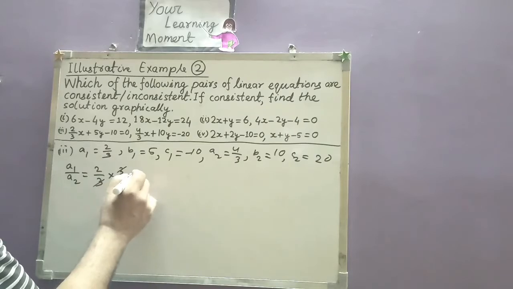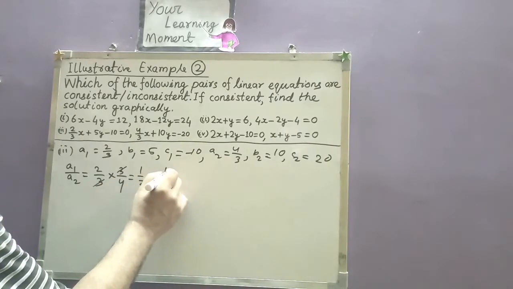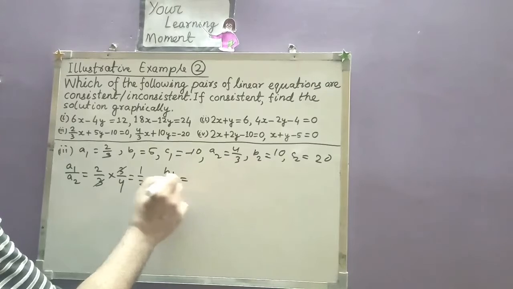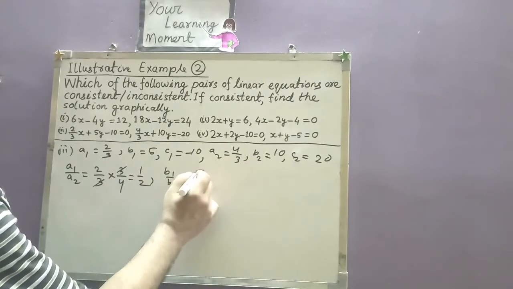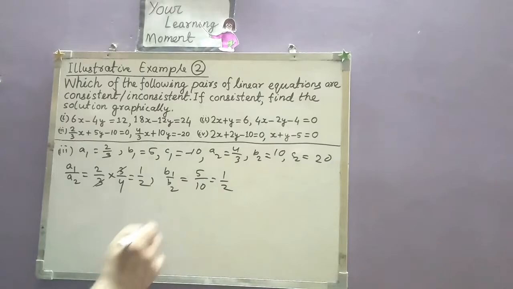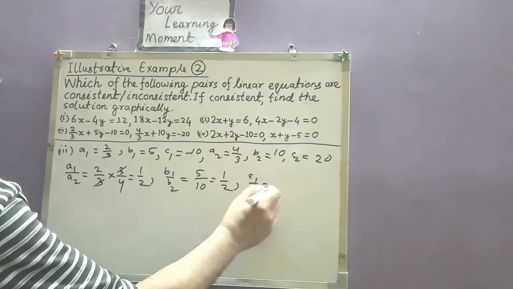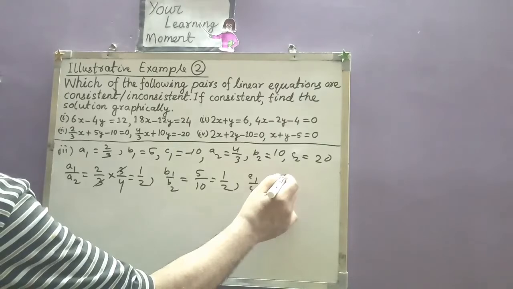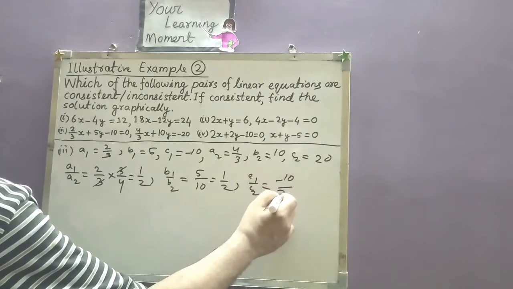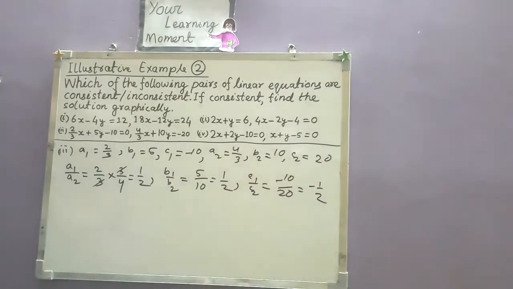So 2 by 4, that equal to half. And b1 by b2, that equal to 5 upon 10, that equal to 1 upon 2. Then c1 upon c2, that equal to minus 10 upon 20, that equal to minus 1 upon 2.